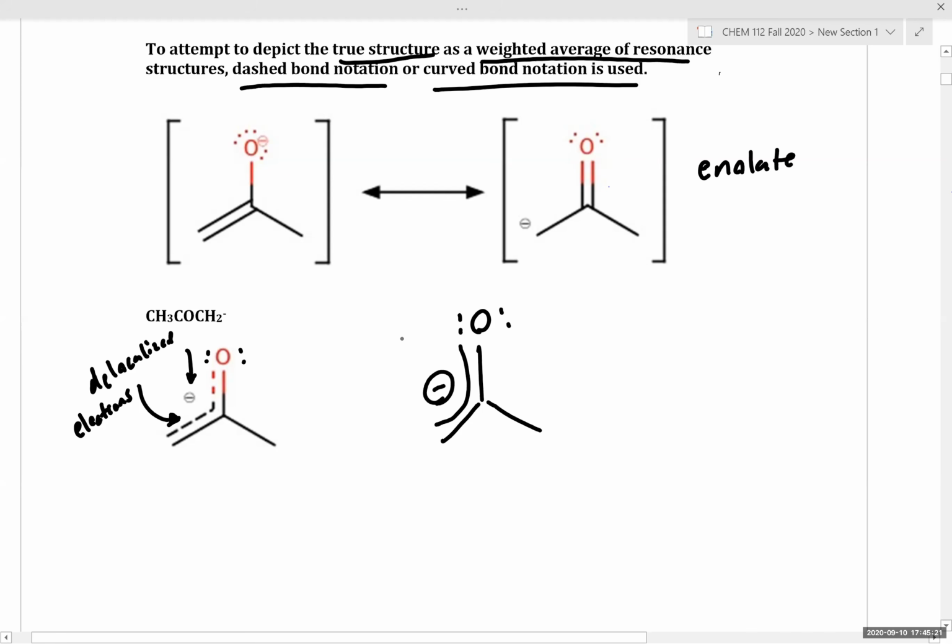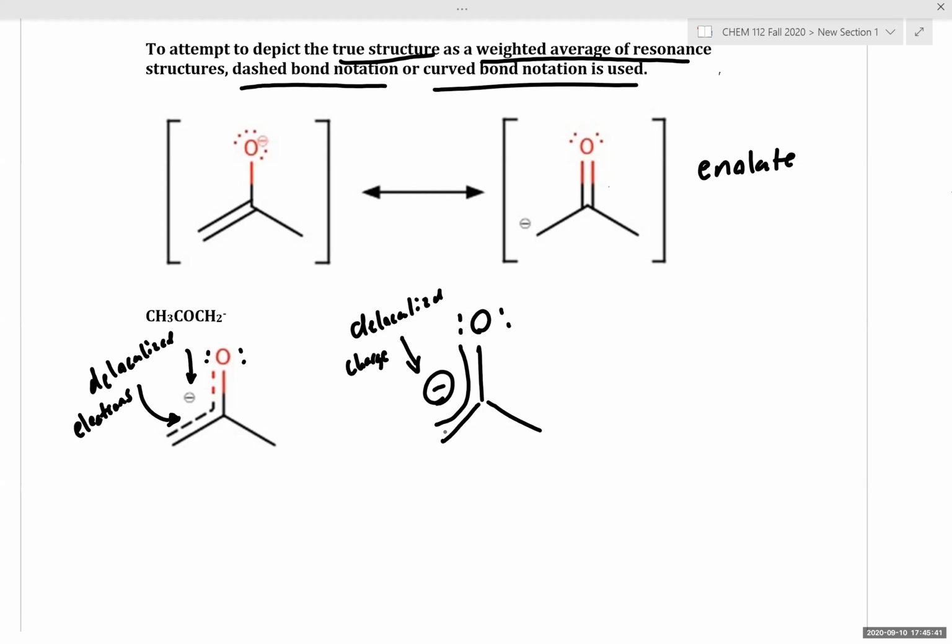So in this case, we're indicating a delocalized charge in addition to electrons that are delocalized across our 3 atoms. You can either use dashed or curved bond notation. Both are valid.